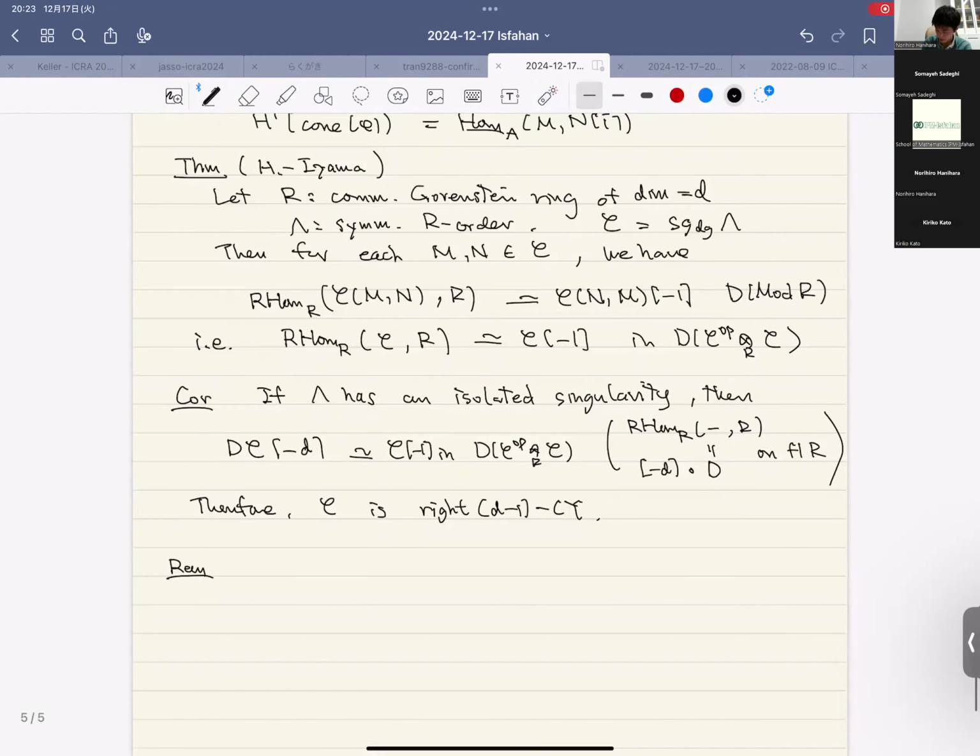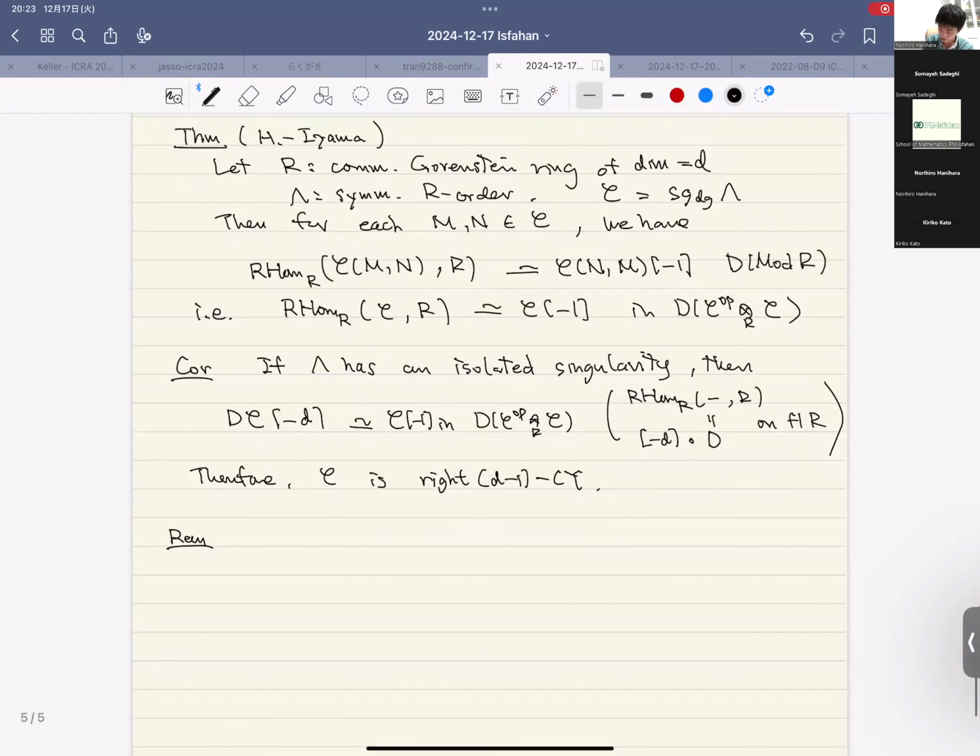So in this sense, the duality over R can be seen as a certain standard duality, or an AR duality, for non-isolated singularities, or let's say arbitrary singular locus.